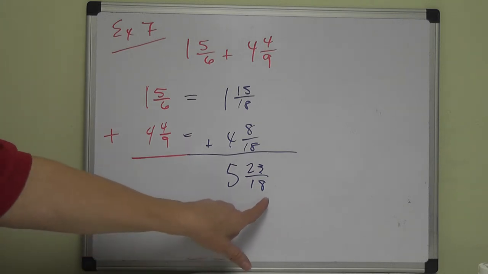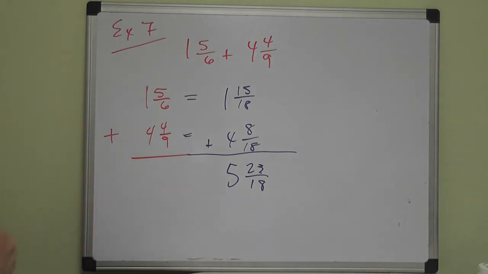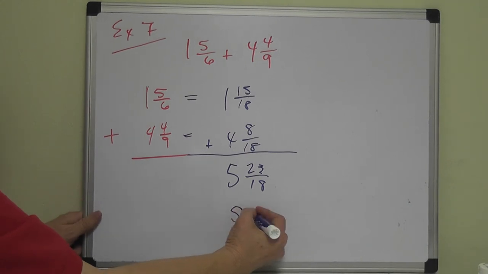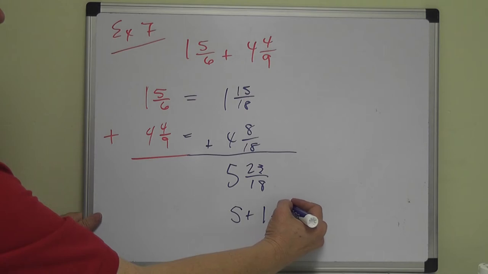When you have a mixed number, that fractional part cannot be an improper fraction. You have to rename this fractional part here as a mixed number and then combine the two. What do I mean? Well, that's actually 5 plus 1 plus 5/18.